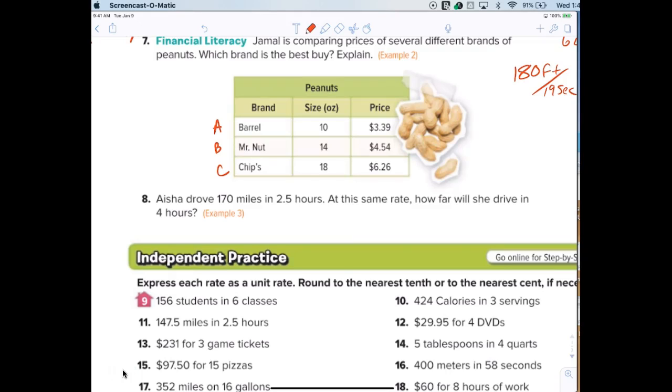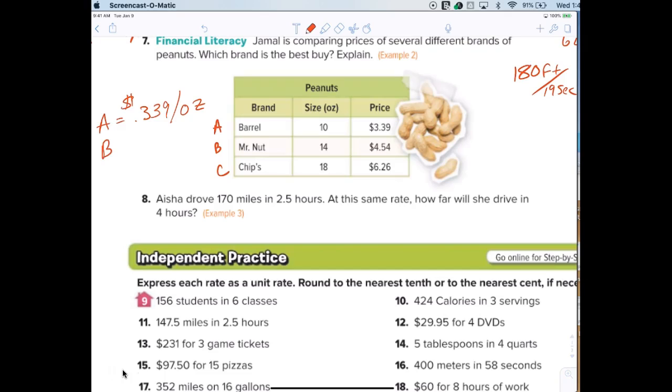So if I divide that, A is going to be 0.339, and that would be dollars per ounce. Now tell me B, since we didn't have to do any math on that.